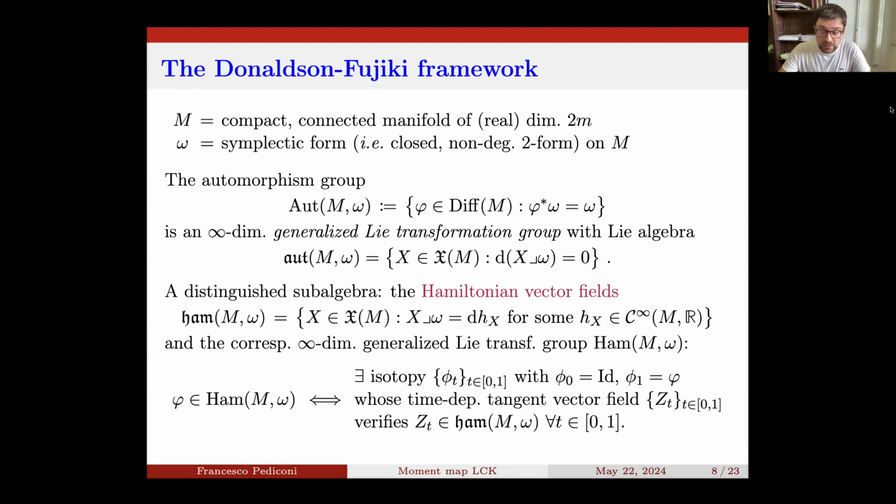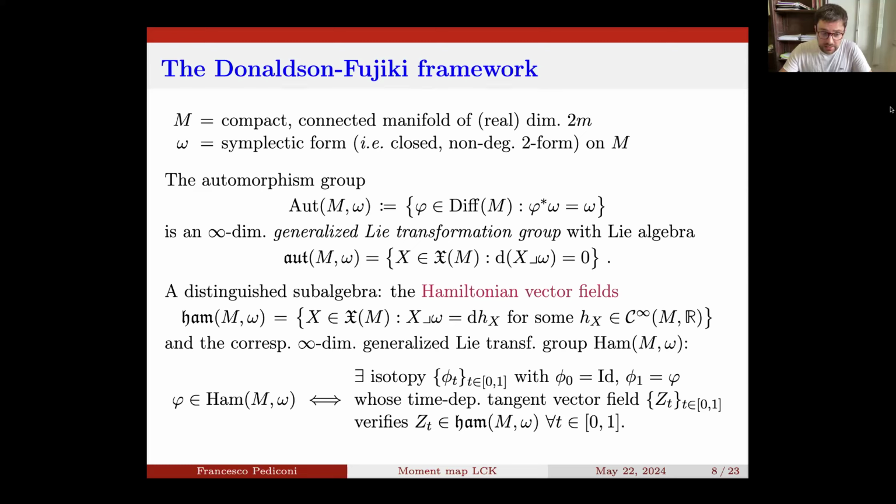This is a closed Lie algebra of vector fields, and it generates another infinite dimensional generalized Lie transformation group, called the Hamiltonian automorphisms of the manifold.